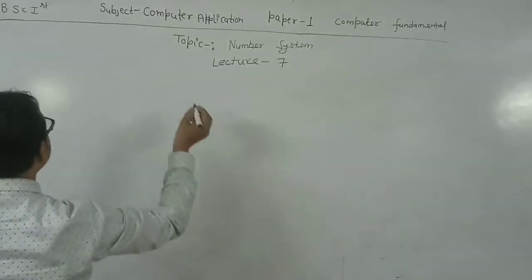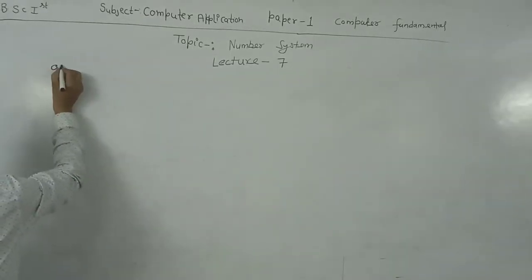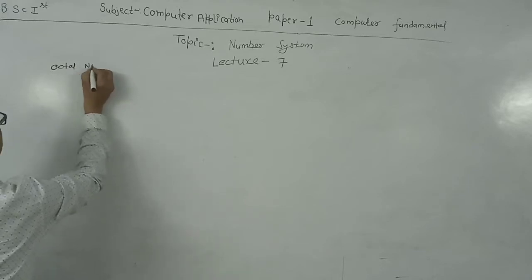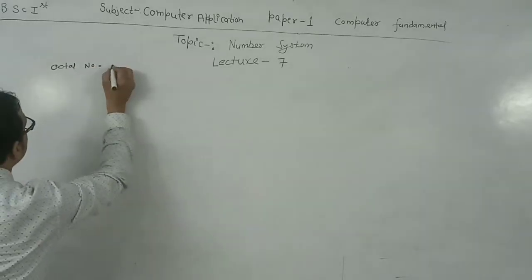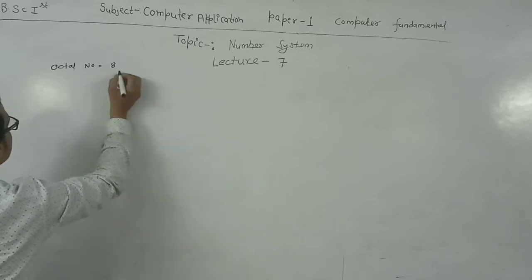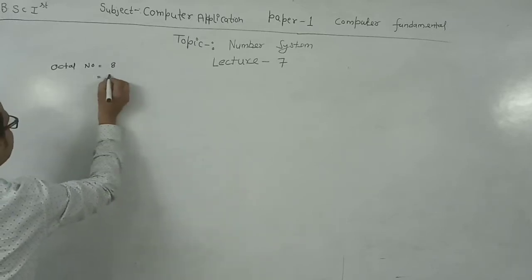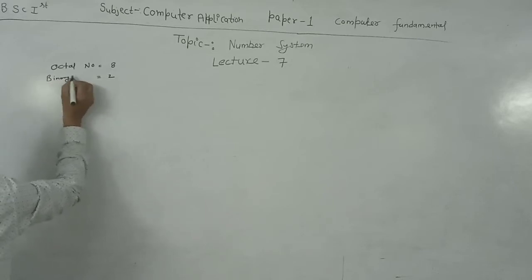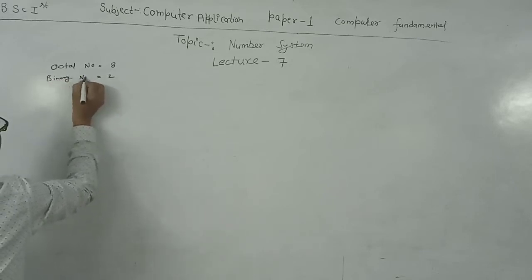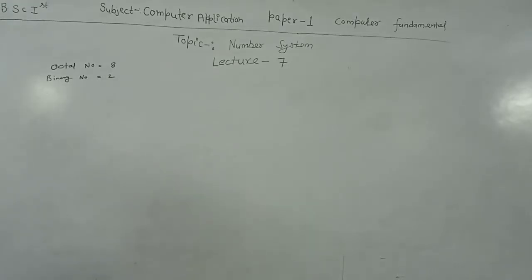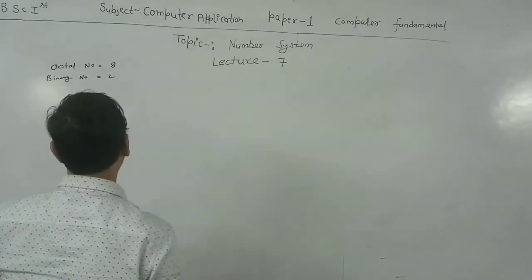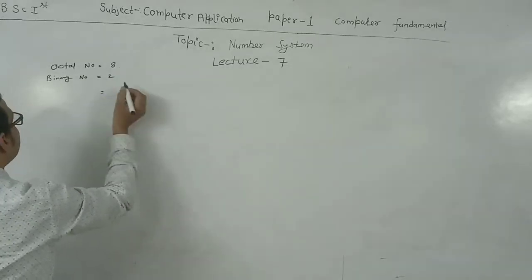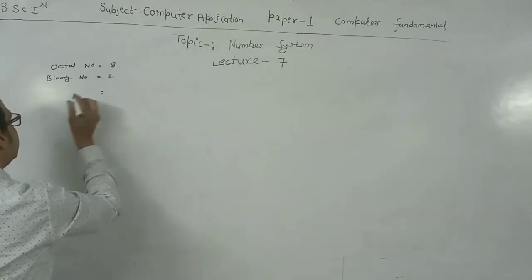We know that the octal number system has a base of 8 and the binary number system has a base of 2. Now we want to convert the octal number directly to binary. So you have to convert the base of the octal number to binary.